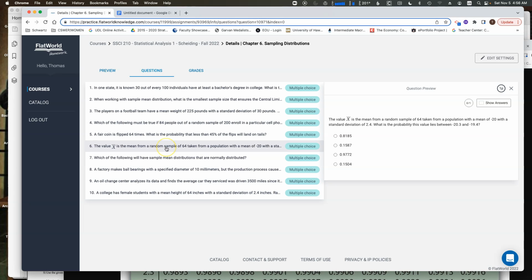Number 6. X is the mean value from a random sample of 64 with a mean of -20, standard deviation 2.4.